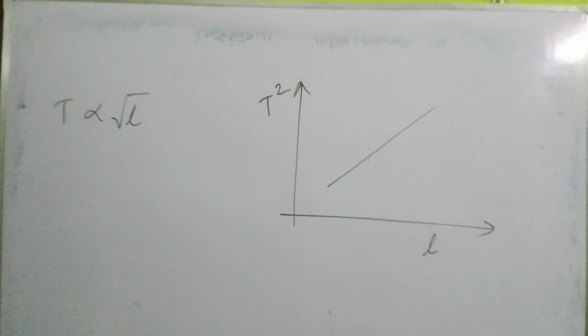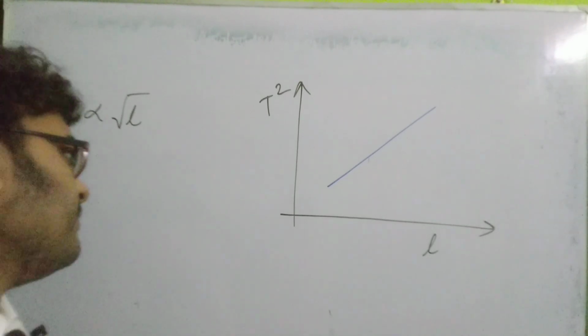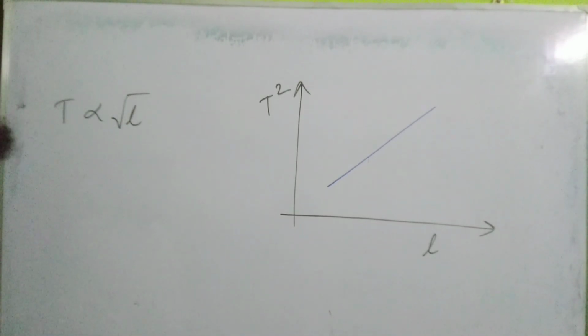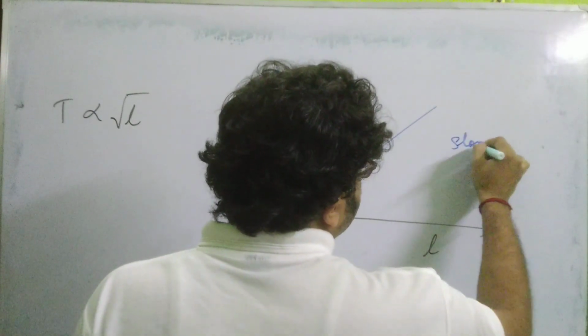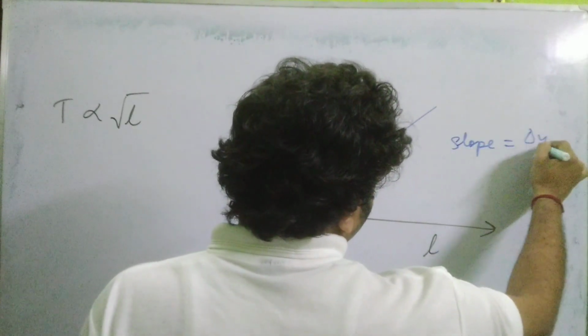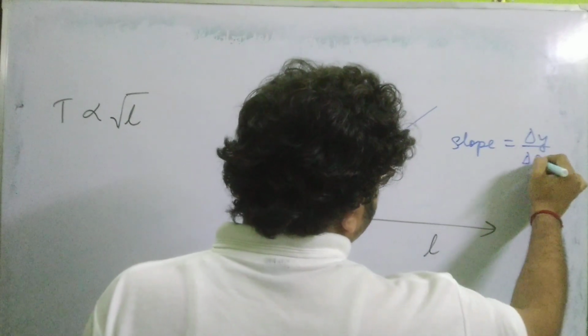Now if I consider the plot between T square and L, we will get a straight line like this, and we can determine the slope of this kind of graph. I think you know the slope formula: slope is given by change in y over change in x, isn't it?